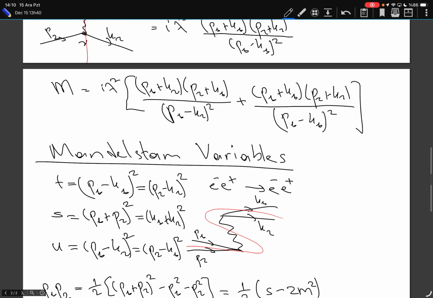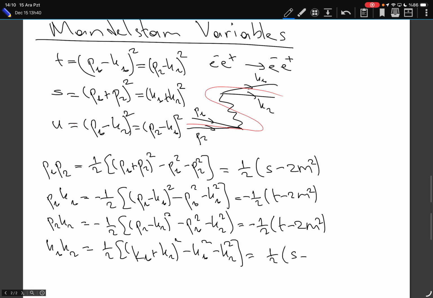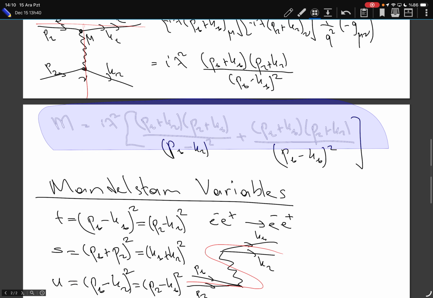And finally, I have K2 K1. This is equal to 1 over 2 of K1 plus K2 squared minus K1 squared minus K2 squared, which is 1 over 2 of S minus 2M squared. So now let's go back to our invariant matrix element.